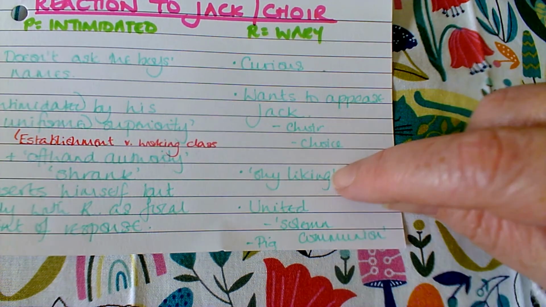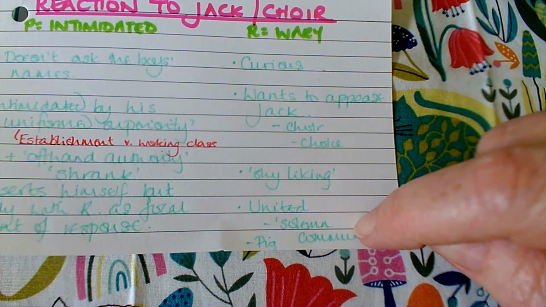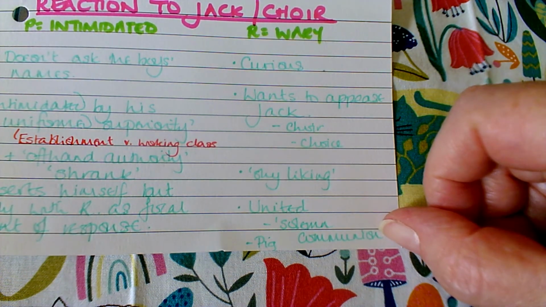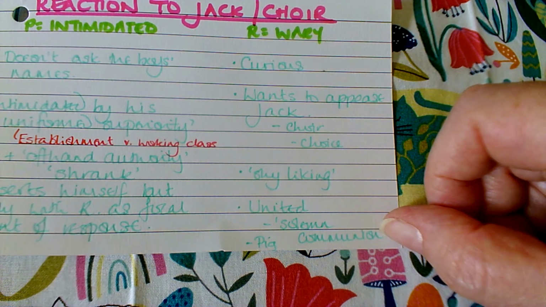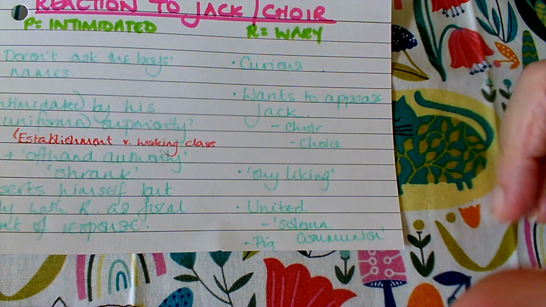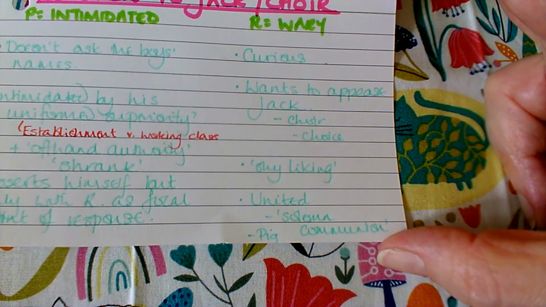So if we're thinking about Golding's methods, you can see the change in language there. And obviously communion is also a word that's used in religious ceremonies to suggest your belonging to God, your feeling of unity with God.